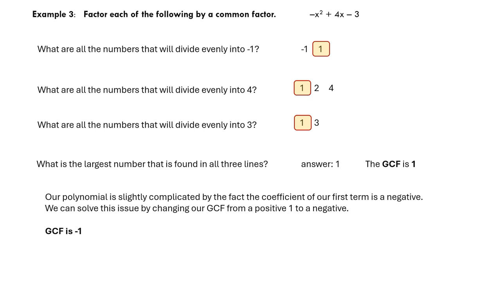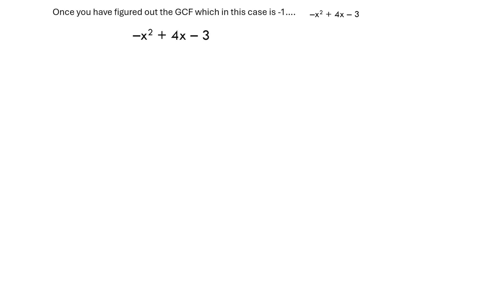So we're just going to take this 1, which is our greatest common factor, and make it a negative so that we can get rid of any negatives inside our brackets. So we're going to use negative 1 as our greatest common factor. We'll write it down, we'll add an open bracket, and we'll start the same process all over again.